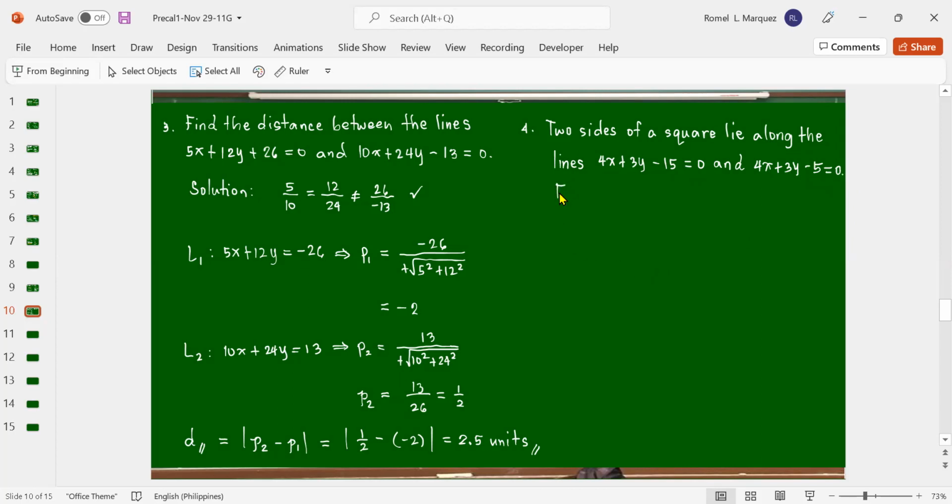Find the area of the square. Okay? So, if we're going to illustrate, let me draw that.